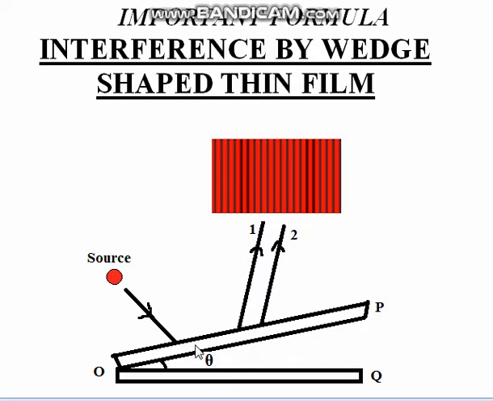As you saw in the previous video lesson, this light ray suffers multiple reflection and multiple refraction, and in the reflected part we obtain two rays, 1 and 2. Since they fulfill all the conditions of interference, ray 1 and ray 2 interfere with each other and produce the interference pattern.